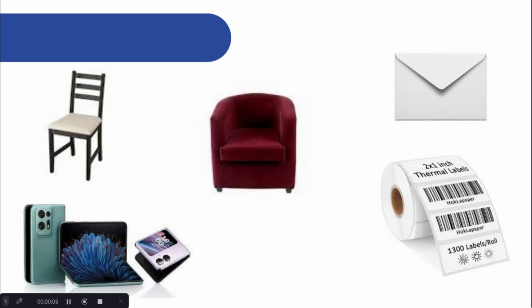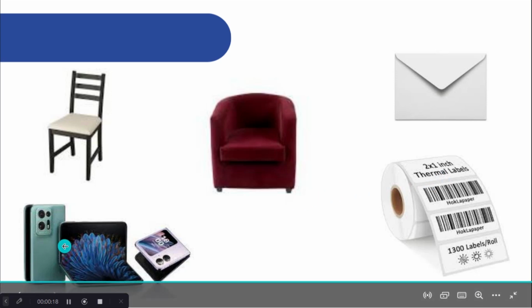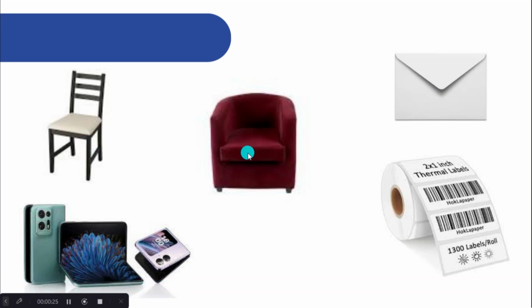Okay, hi, welcome. Look at this screen. Can you identify or recognize anything? Okay, here is an envelope, a label, a phone and tablet, and we have chairs, and is this a couch or a sofa?